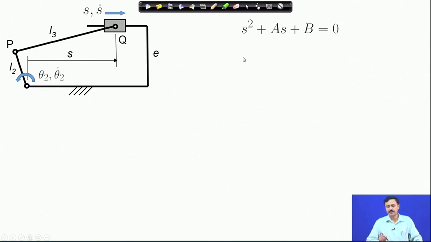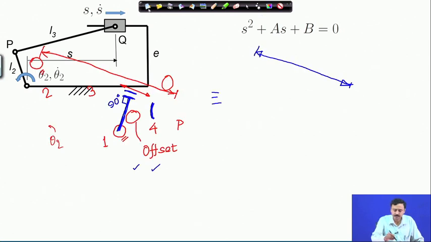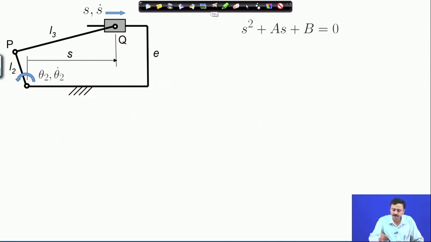So, we have this quadratic equation of s in terms of A and B, which are functions of theta 2. If I take the time derivative of this expression, what do I have?